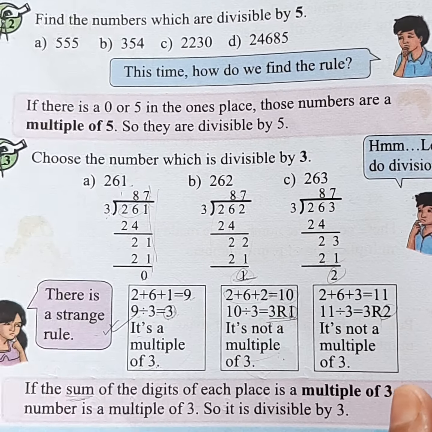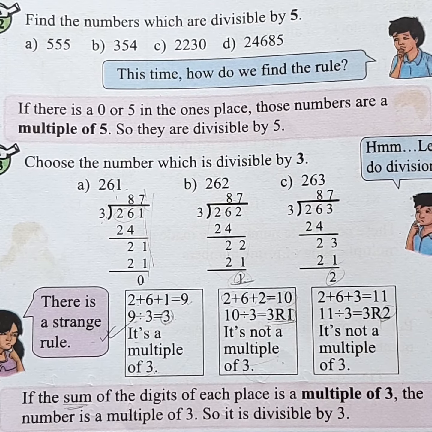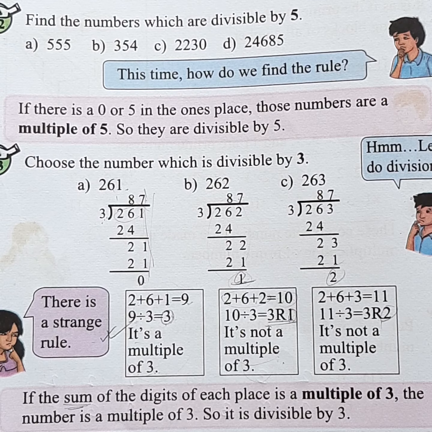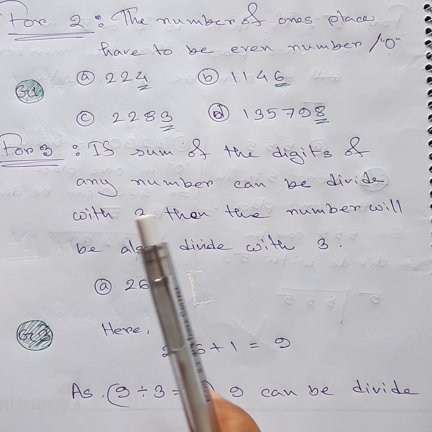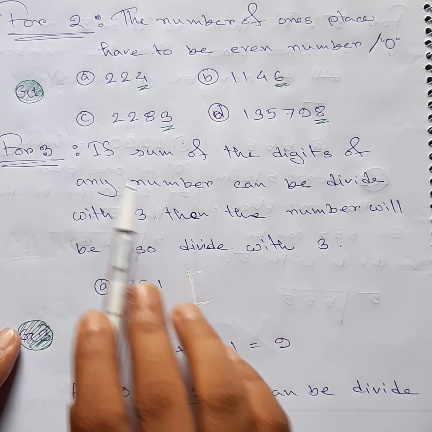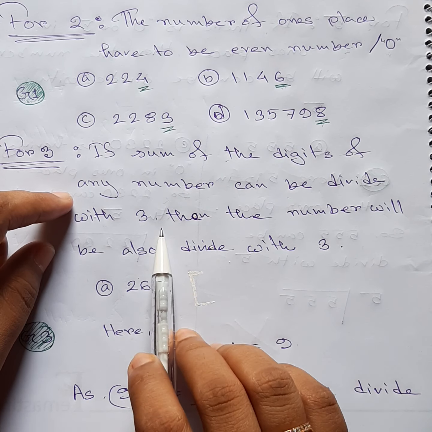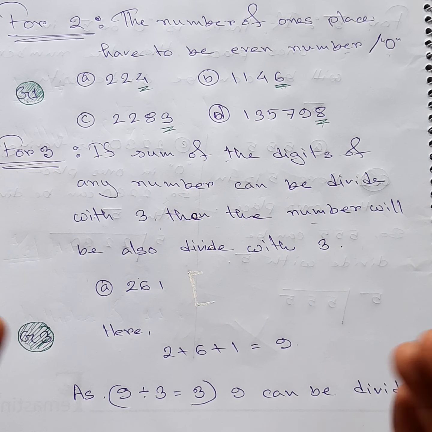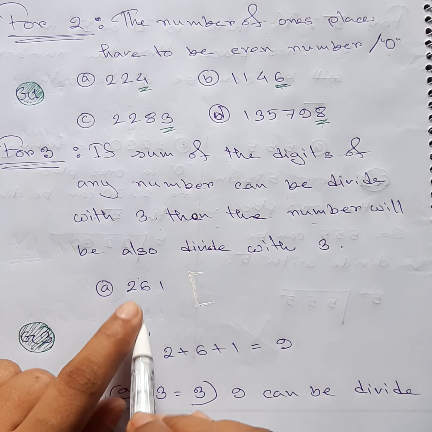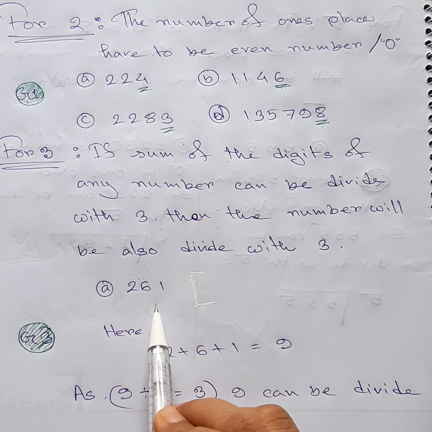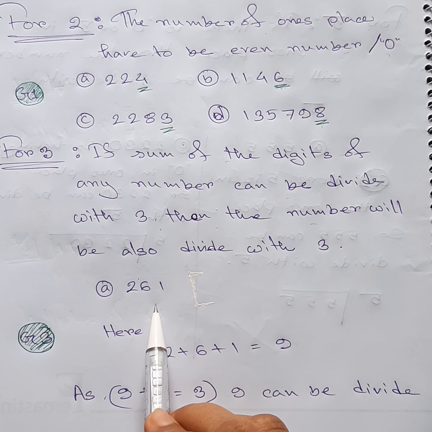Don't worry, these are actually easy. Okay, now I am going to show you in my copy. Okay, here is my copy. If the sum of the digits of any number can be divided with 3, then the whole number can also be divided with 3. Let's talk about that one, as I have already showed you in your book.